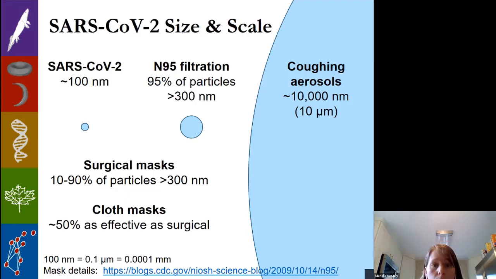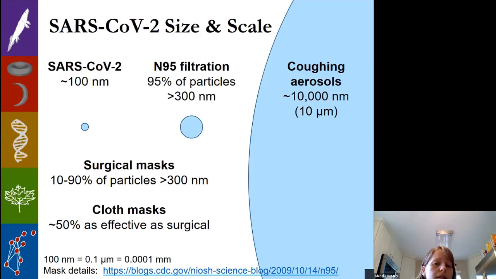And this is even more variable because it depends what type of cloth you're making your mask out of and how many layers of cloth you have. But they're in the ballpark of 50% as effective as surgical masks, which are 10 to 90% as effective as an N95 mask, which still doesn't filter out everything. So cloth masks are going to stop something like 5 to 45% of these aerosolized droplets.